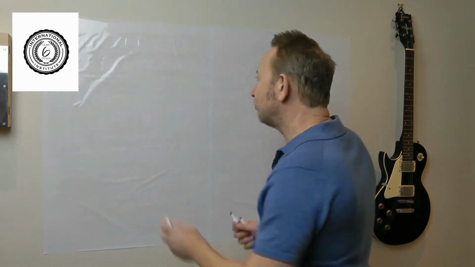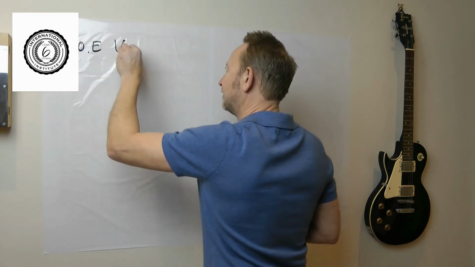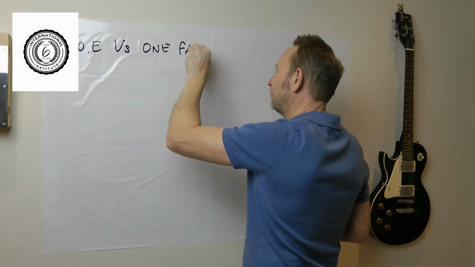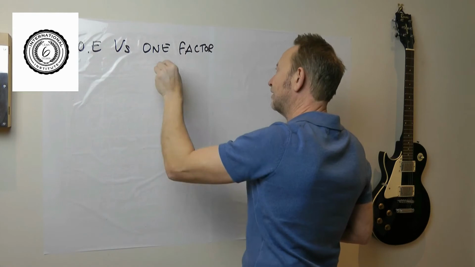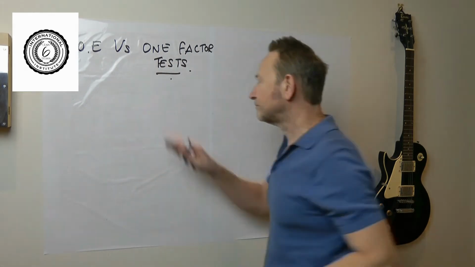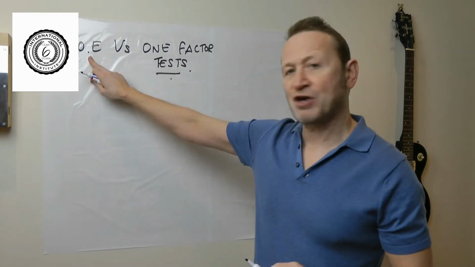Now let's take a look at this little case study. So DOE versus, I'm going to call this one factor tests, because this is often what people do if they don't use a designed experiment.